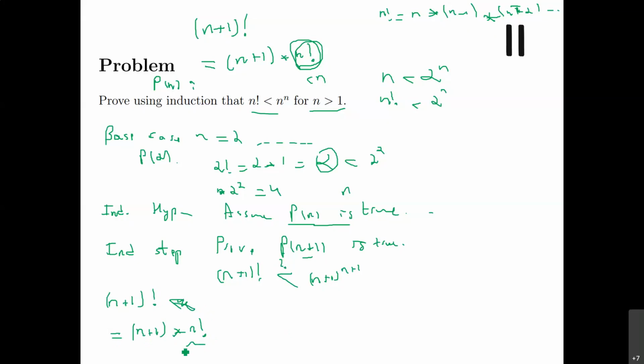Well, we know that P of n is true, so n factorial is less than n power n. So this is less than n plus 1 times n power n. You were right. If you're trying to prove this in the exam, you simply say by hypothesis, by what we're assuming.